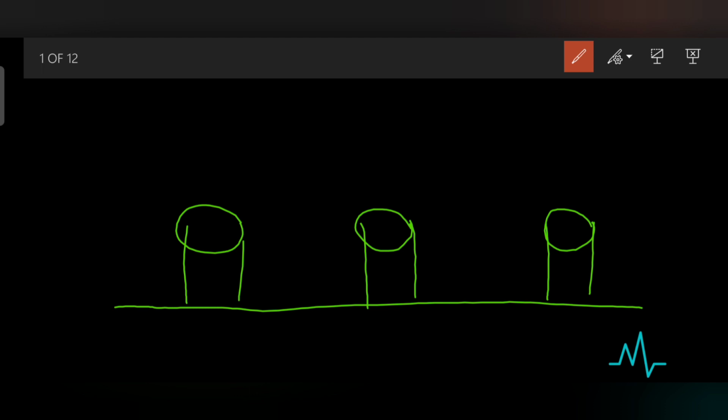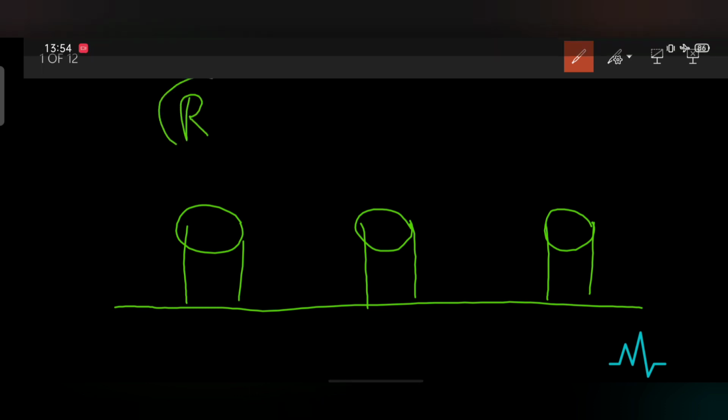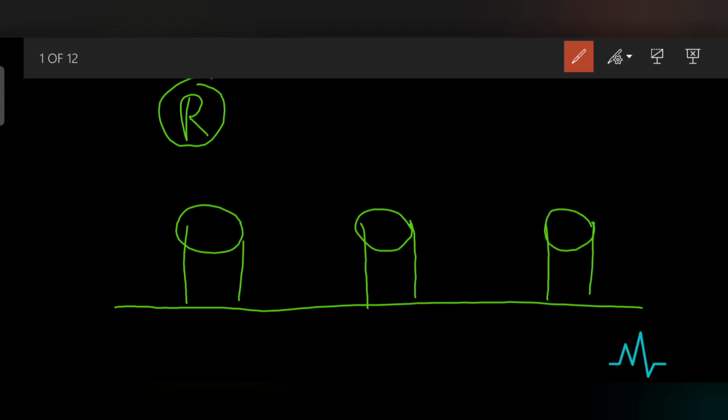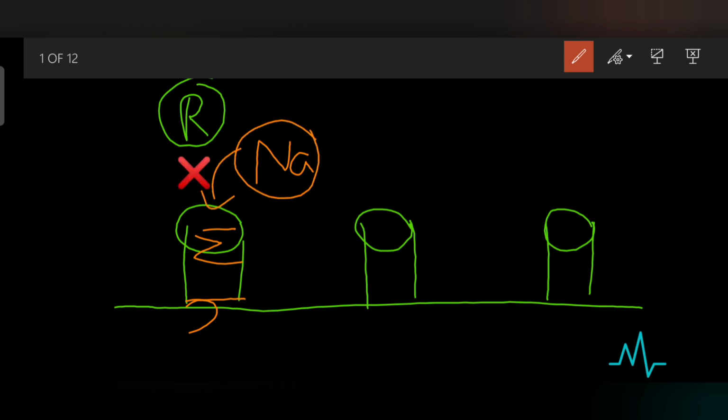This is the resting phase. In this resting phase, both the M gate and the H gate are closed. So we know that if these gates are closed, sodium cannot enter the cell, right?